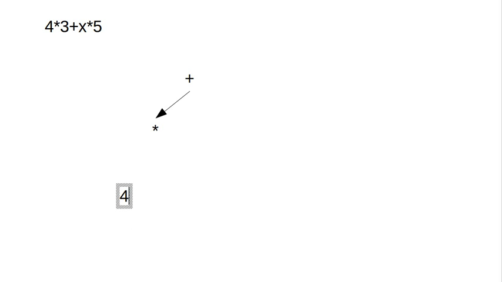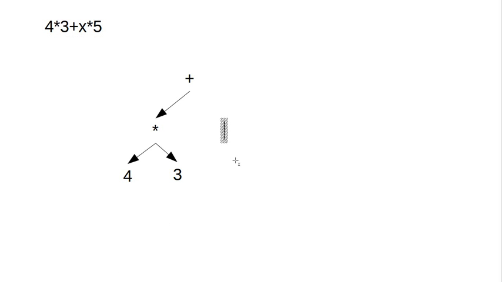So we have our 4 as well as our 3. Move these around a little bit, make this look a little better, and then connect these up. On the other side of the formula, we had x times 5, so it finds the operator multiply again.